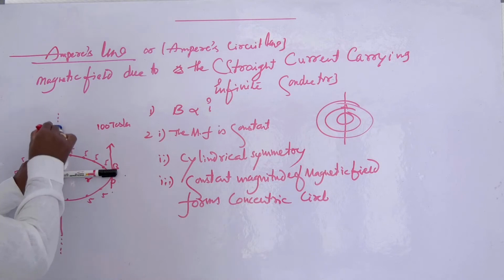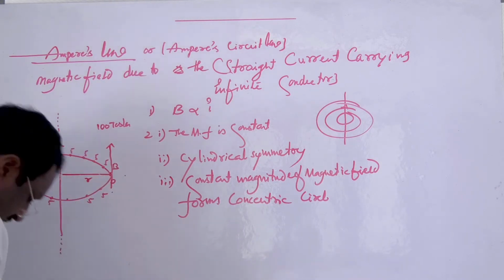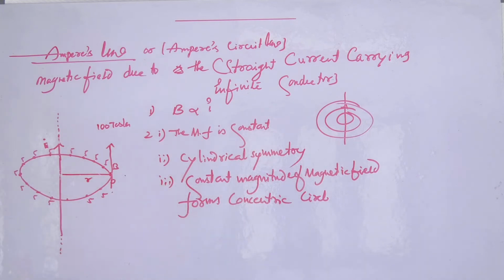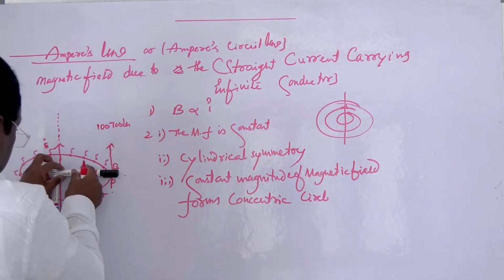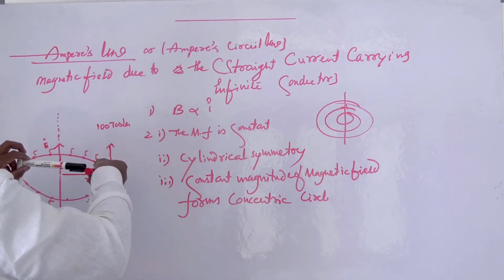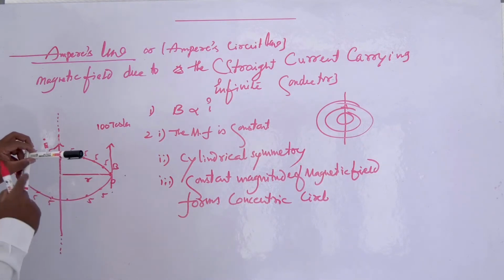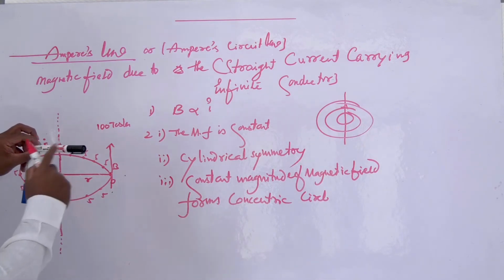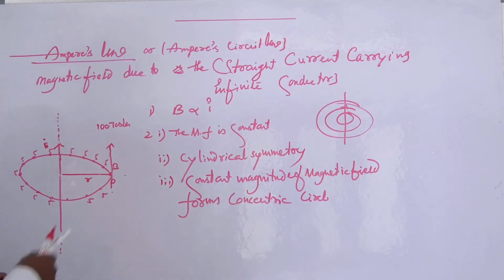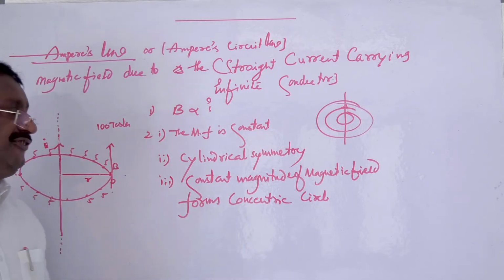If the direction of flow of current changes, the direction of flow of current is like this. Now the direction of the magnetic field is into the board. So the direction of the magnetic field is always perpendicular to the plane containing the source and position vector. In the case of a circular loop, the tangent at this point gives the direction of the magnetic field.